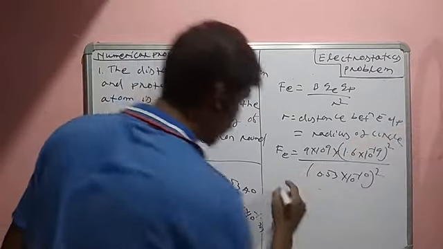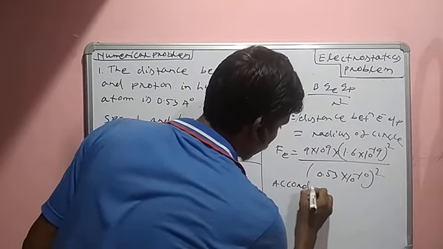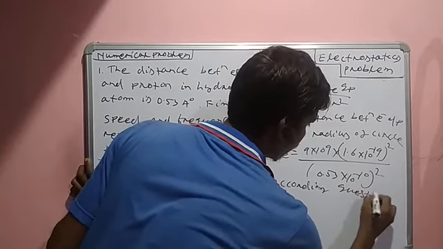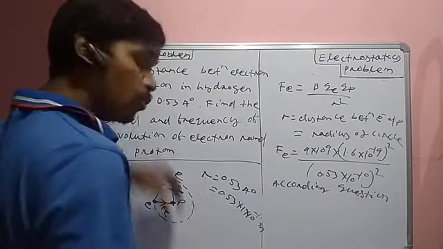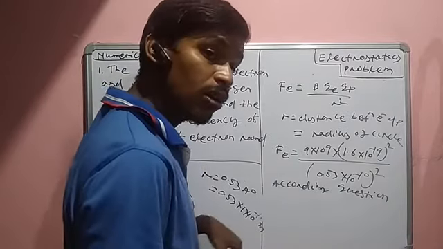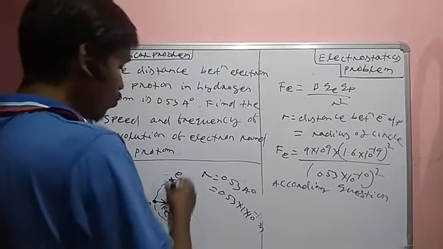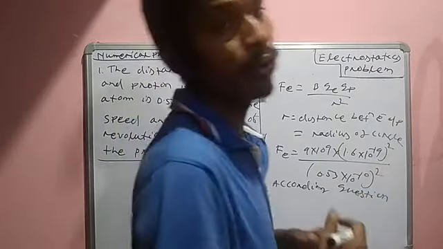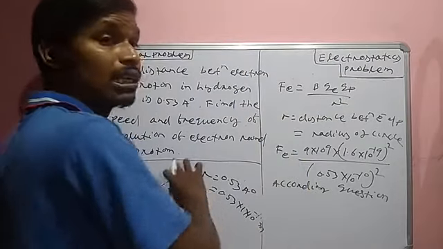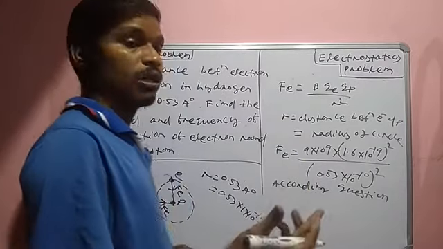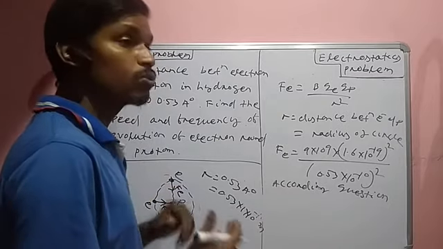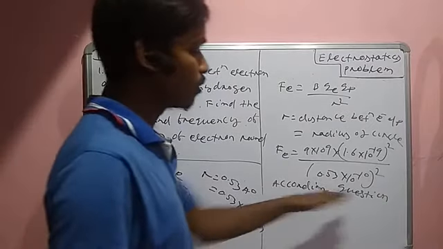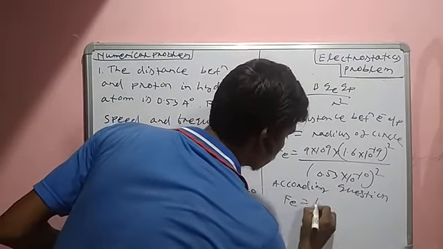According to the question, the centripetal force is equal to the electrostatic force, because whenever a body moves in a circular path, centripetal force is created. And whenever two charged particles are separated by some distance, the electrostatic force occurs. So according to the question, Fe is equal to Fc.